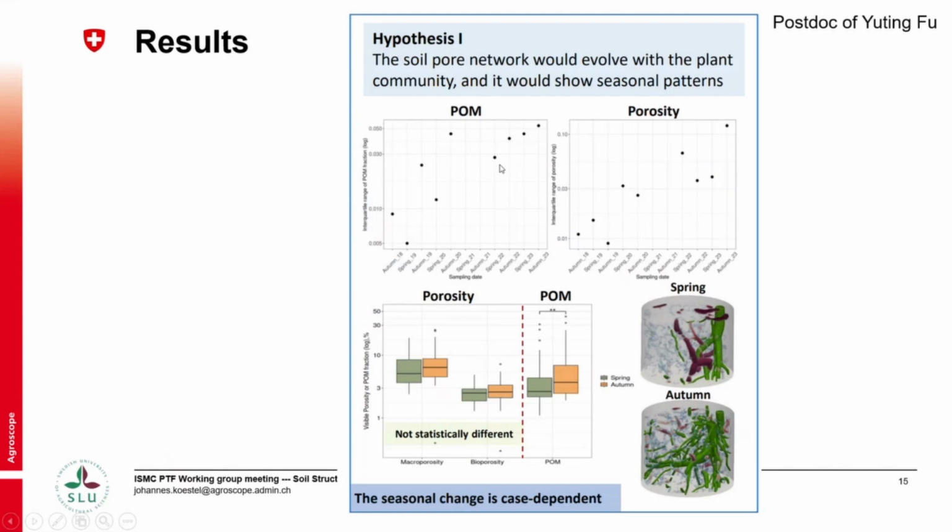Here you see a steady increase in POM, and here you have, also in the last years in the porosity, you don't have this pattern of a decrease in image porosity over the growing seasons, probably because the roots are growing, taking up space. You don't have that always, right? In the last year, you don't have it. And we're not sure why yet.